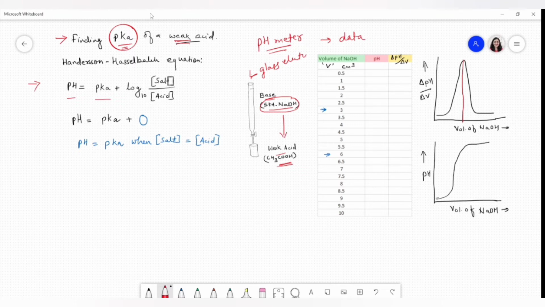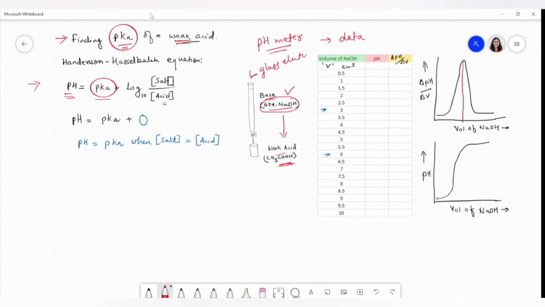So remember, as we keep on adding the base to our acid, the concentration of acid will lower down and the concentration of salt will be visible in your solution. So we determine the pKa value by measuring the changes in the pH of the acid solution at different amounts of base we add, right?